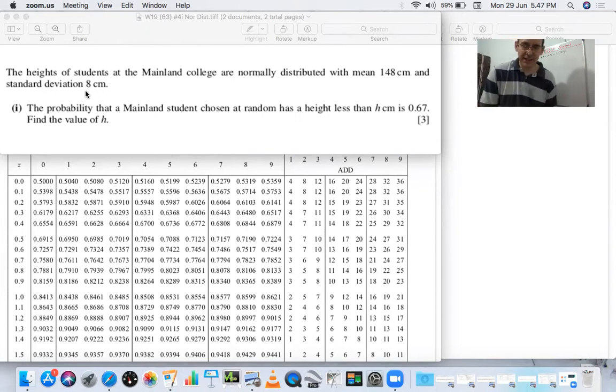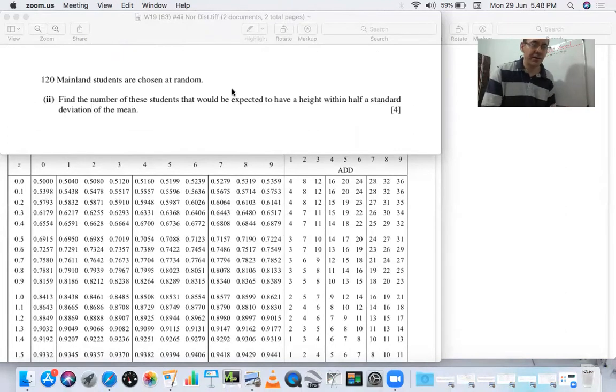Find the value of h. We're not going to do this particular part because it was just like the last one we did. It gives us the probability, 0.67, and you have to work backwards to find the variable, your random variable height. Since we just did an example of that, I'm going to skip part I here and go on to part II.